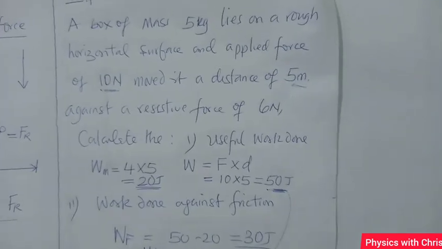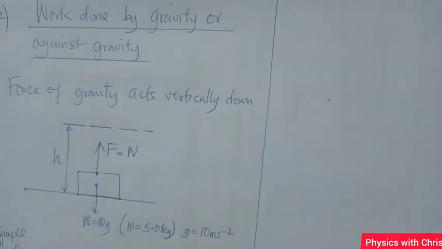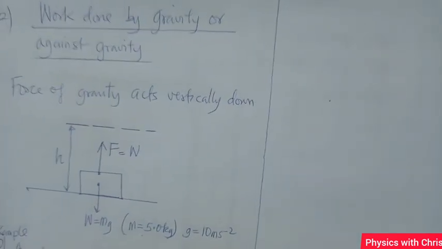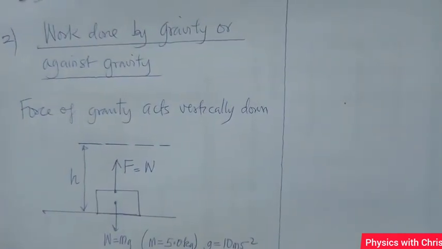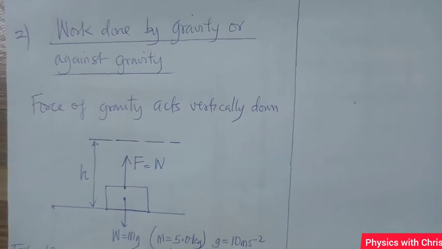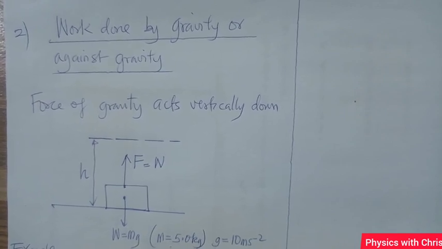Well, let's look at the second aspect of work done, which is work done by gravity or work done against gravity. One thing you need to note here is that gravitational force, of course, force is a vector, generally speaking, having both magnitude and direction. But the force of gravity always acts vertically downwards. And for an object, the force of gravity is equal to the weight of that object.